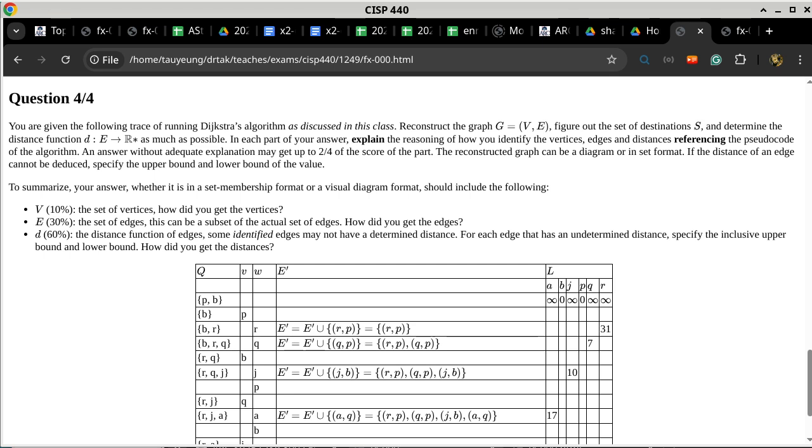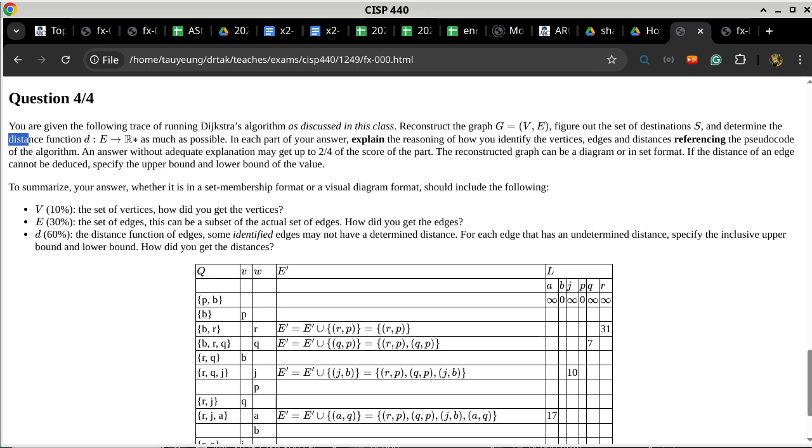I'll pick another random example here, maybe this one. We updated the L value of A to be 17 at this point. And at that point, the L value of Q is 7. The difference is 10, and that's how we can determine the distance of the edge AQ is 10. So that answers the distance function part.